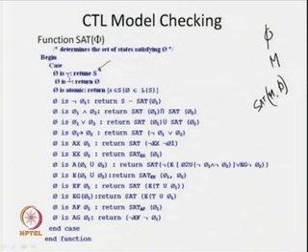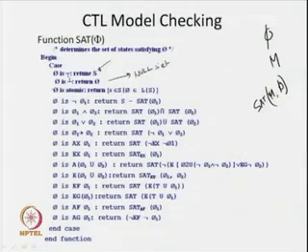If the given formula phi is false (bottom), then it will return the null set. This is because nowhere is it true. It is going to return the null set, because the truth value false is false everywhere, so no state will be labeled with false.